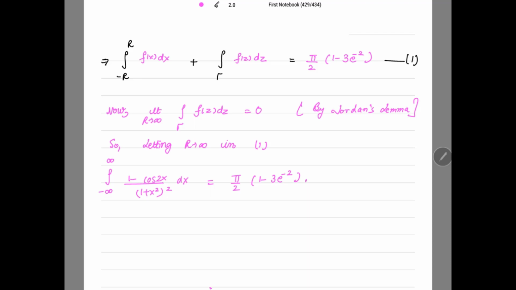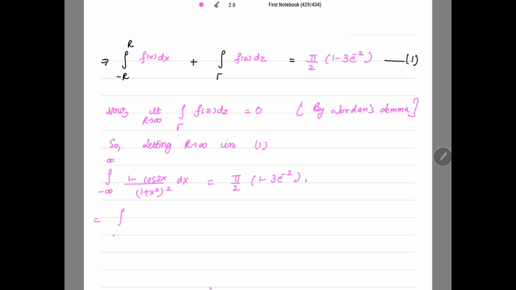Okay, fine. Now this whole function is an even function, so this integration will become twice 0 to infinity, 1 minus cos of 2x. Wait, I just need to change this, because in the given integral I'm having the sine function. So let me just get back to the formula.